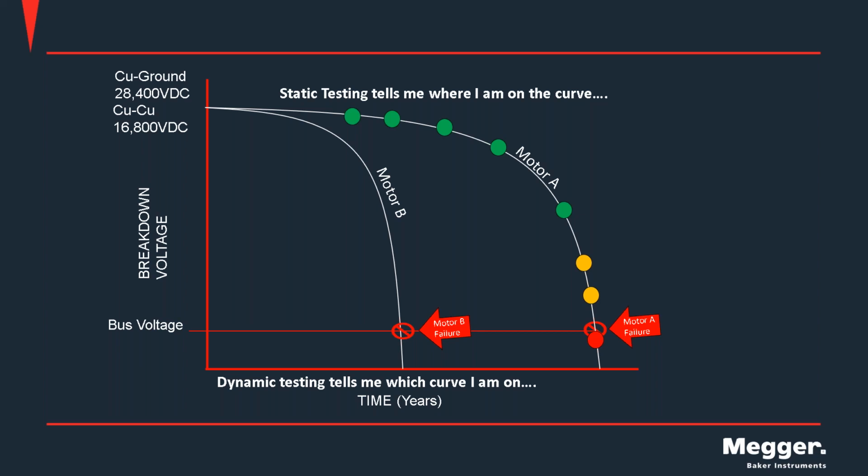And of course, next outage we're going to get a filtering system, but my insulation's degrading more rapidly. I need to respond to that differently than a motor A situation, a motor that's running at 80% load that only starts one time a year and is in a nice clean environment. So again, dynamic testing helps me understand the severity of my environment so that I can respond to that condition as well.